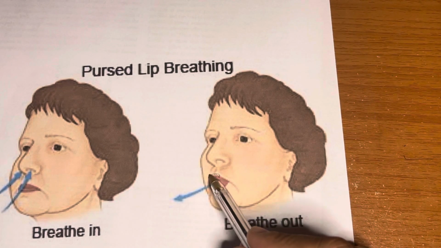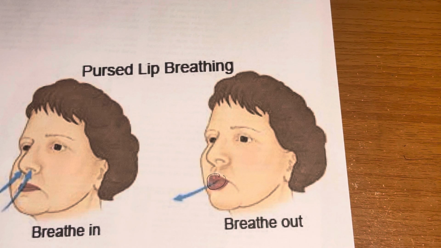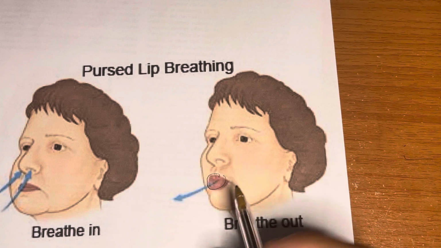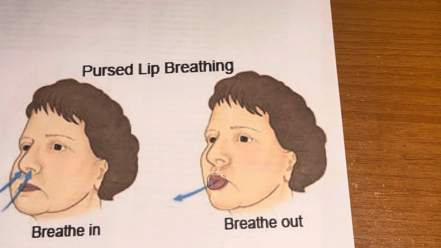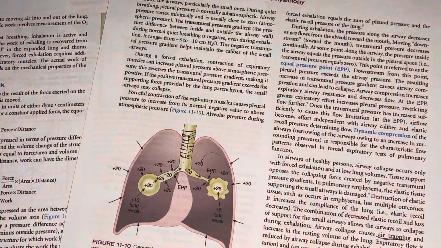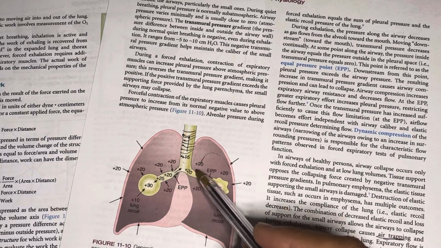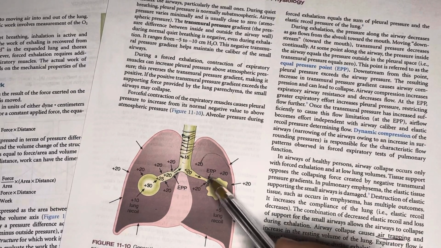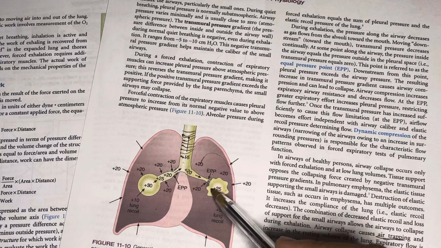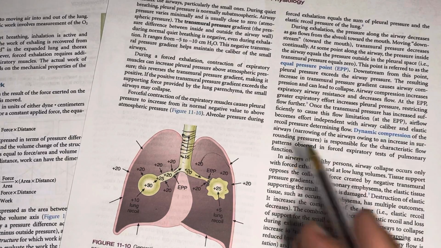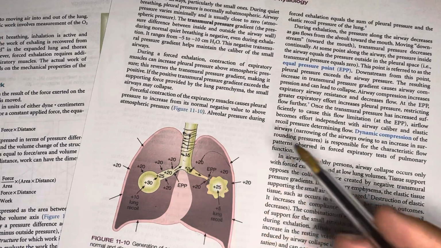They have to purse their lips, like if they're going to give someone a kiss, and they're going to blow the air. When the air is blowing against their lips, it creates a back pressure that will cause the EPP to go to the upper airways. It will cause it to go here instead of here. So now the lung will completely empty before it collapses.